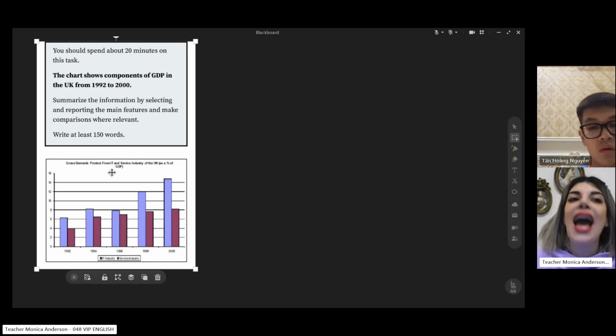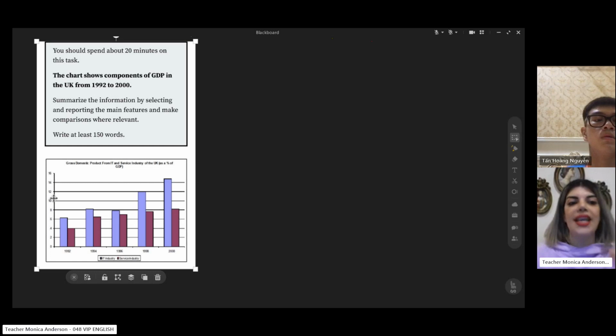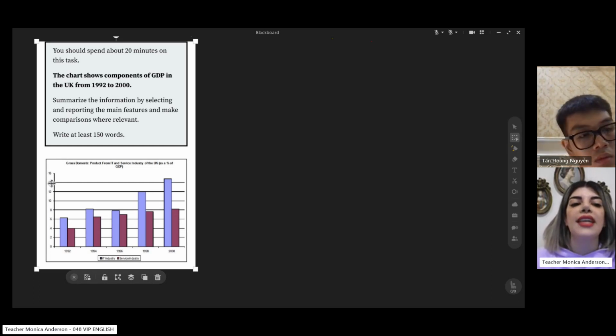Whereas, for comparison, because we have two factors here, IT exceeded this. It means it's over this one, exceeded 4 to 6, over 6%. So we can say whereas IT exceeded this at just over 6%.